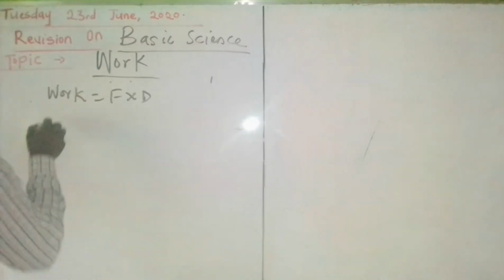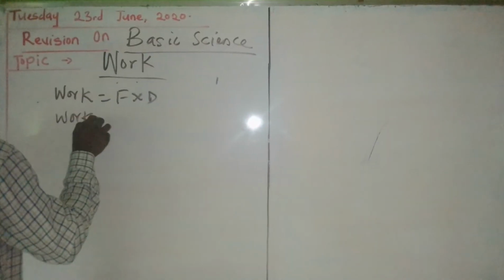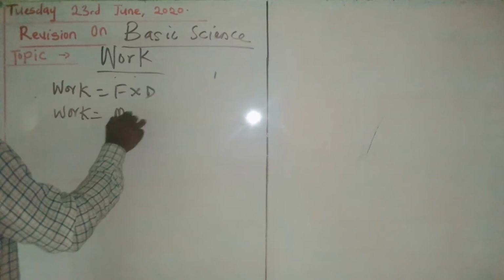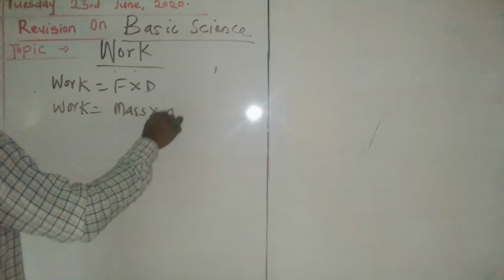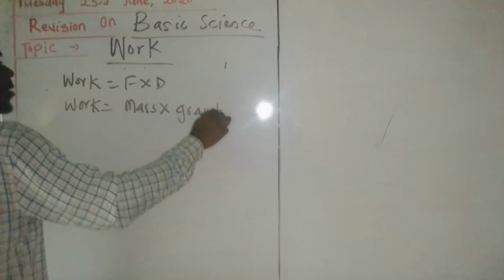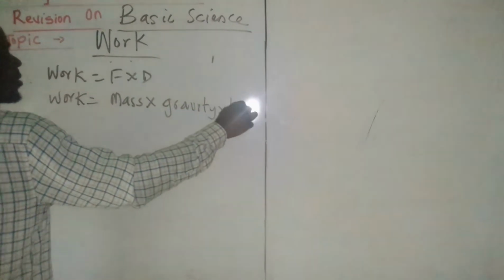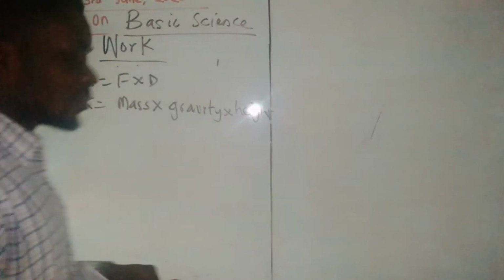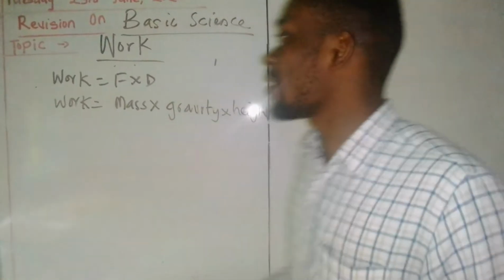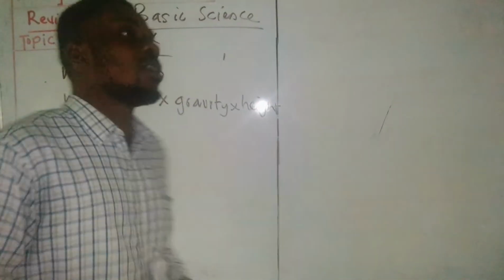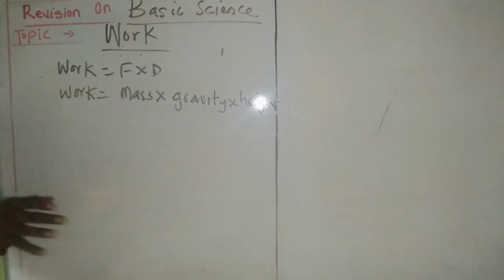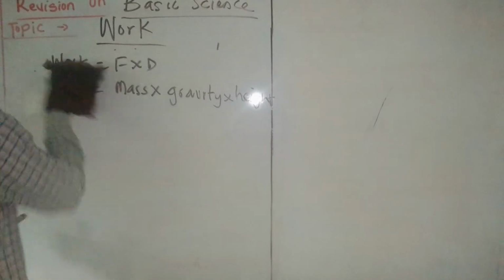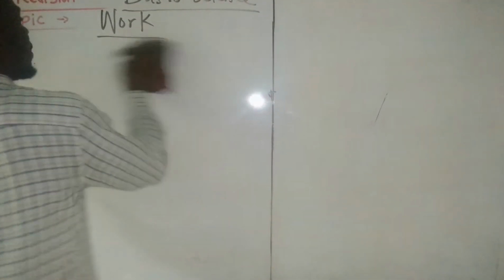Work can also be mass times gravity times height. MGH, another formula for work. Please let's take note of this formula. Very important while we start solving.